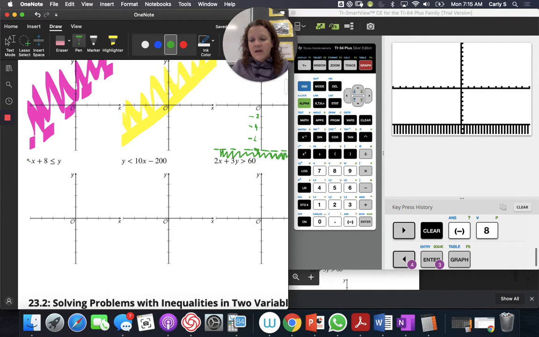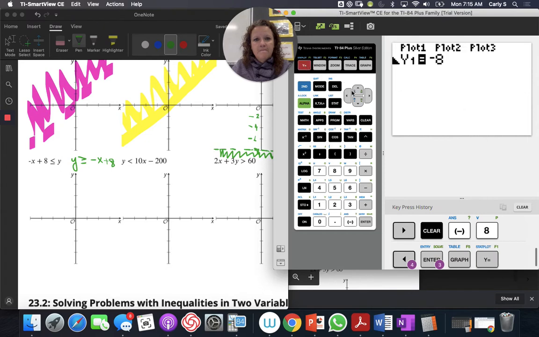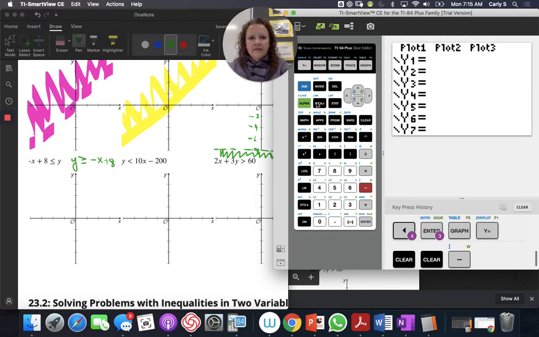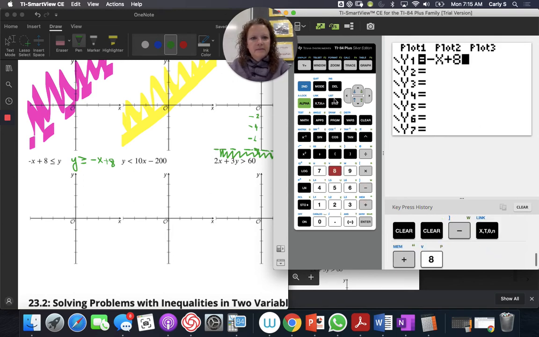Okay, here I actually want to flip all of this because of how my graphing calculator works. So Pac-Man's eating the y, I'm going to keep Pac-Man eating the y, -x plus 8, and type that into my graphing calculator. So -x plus 8.